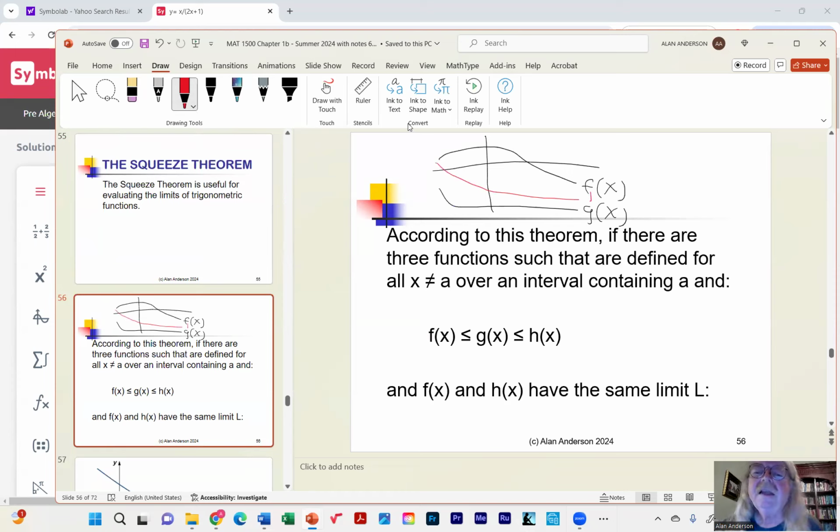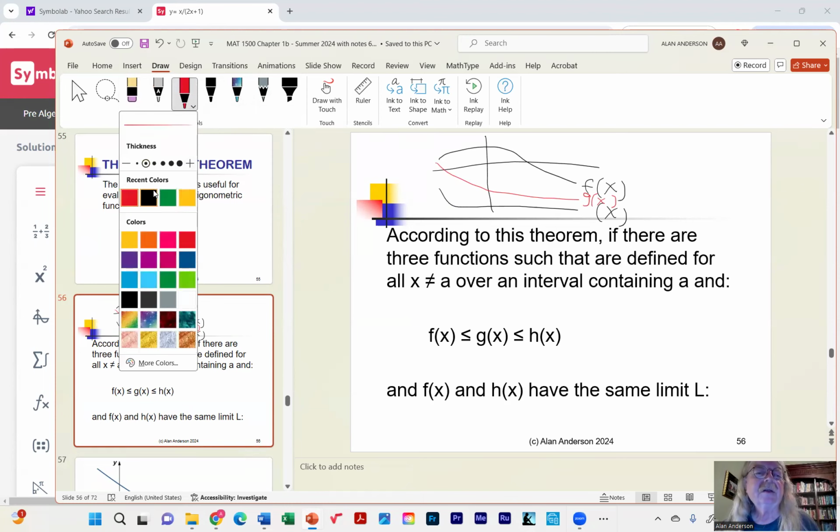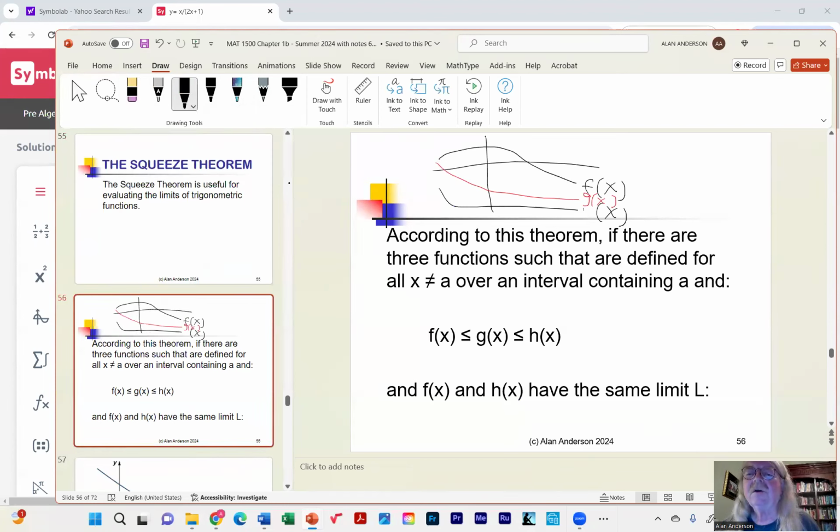Oh, wait, sorry. The h of x is the one that goes on the outside. This is supposed to be g of x. So what this is supposed to show us is that g of x is always in between the other two. So how does that help us?